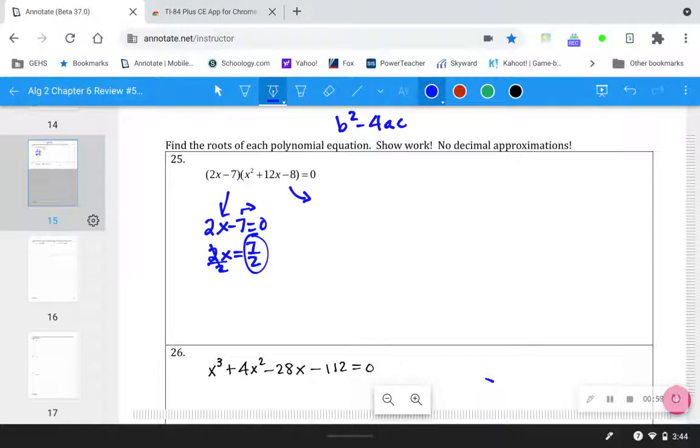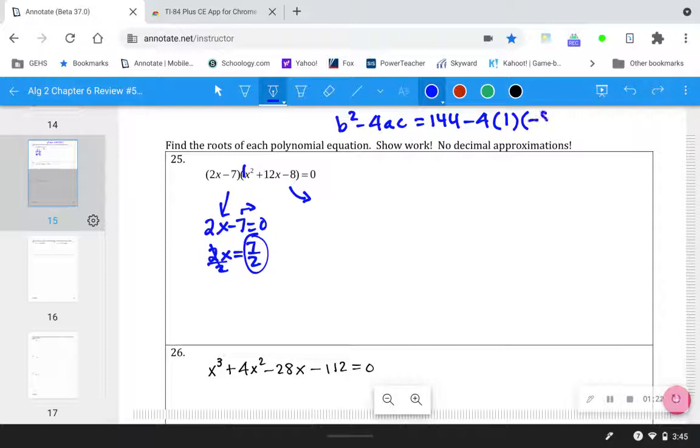If that doesn't turn out to be a perfect square, you know you can't factor it, so the star is a waste of time. So what we have here is 12 for the b, and that would be 144 when you square it. There's a permanent 4, and then you multiply it by the a value, which is 1. We'll sneak a little 1 in there. And the c value, which is -8.